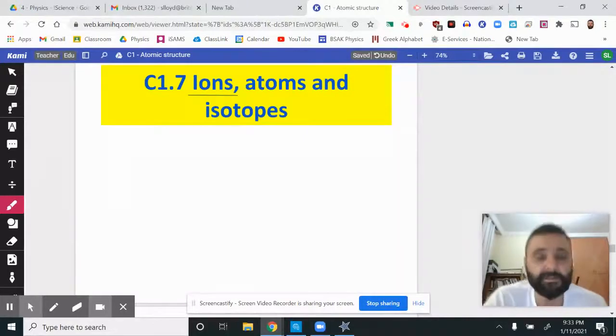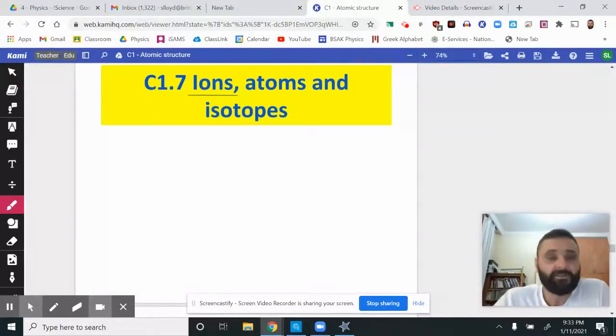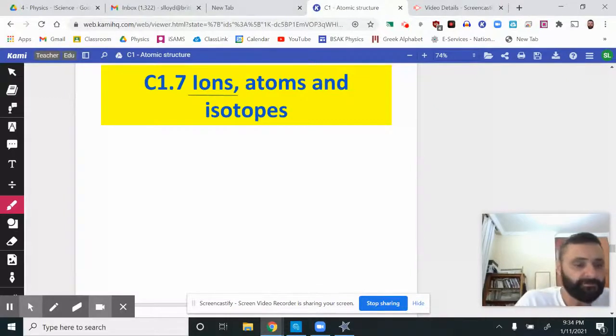In ions, it's different. Ions have an overall charge on them because the number of protons and the number of electrons are not equal. Okay, so there's an overall charge. Because if you remember, protons have a charge of +1 and electrons have a charge of -1.